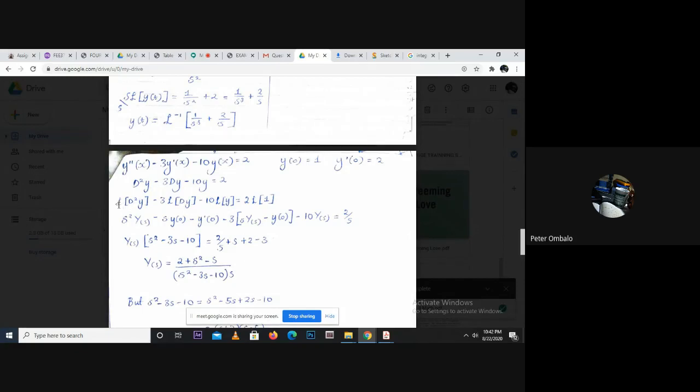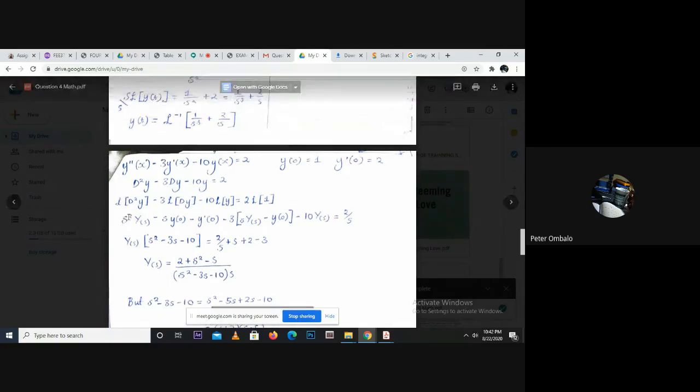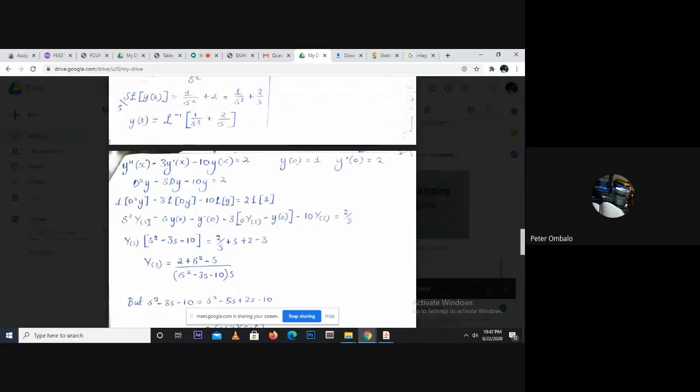So we find the Laplace transform of each of these terms: the Laplace transform of the second derivative, the Laplace transform of the first derivative, the Laplace transform of y, and we also have to take the Laplace transform of 2, which is on the right hand side. This is the formula for the Laplace transform of that second derivative. We know that it has these 3 terms, which we had already derived.